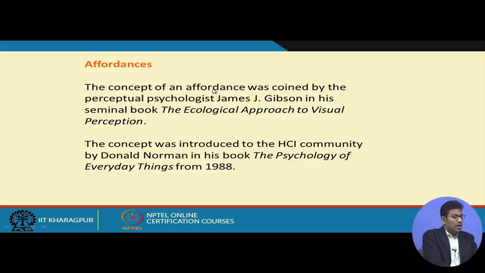Now we move on to another aspect, affordance. Affordance is a term coined in the 20th century by Gibson, who is very well known for his book on visual perception.